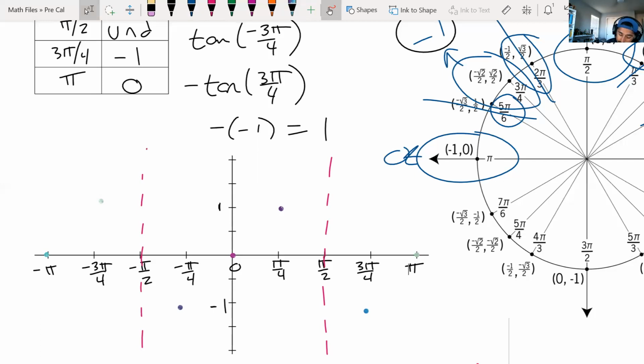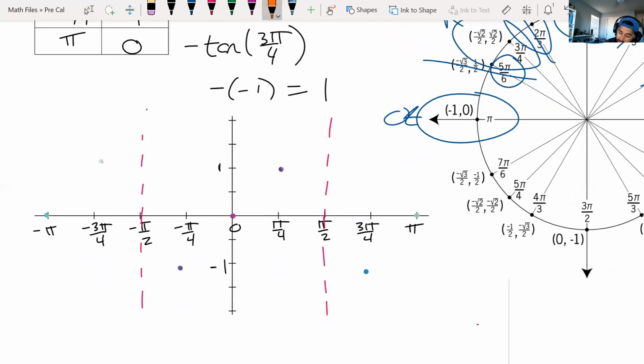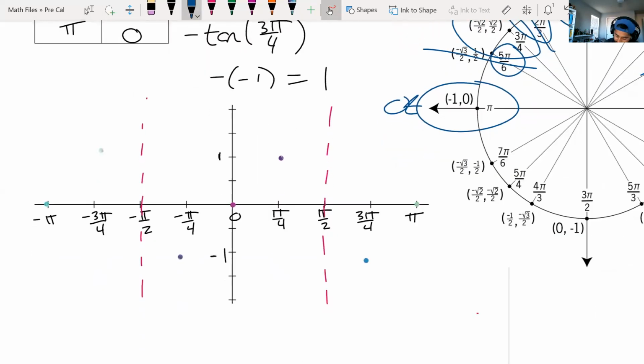Okay, so I'm going to graph the middle piece first, just to show you how tangent looks. Tangent will follow your vertical asymptote down, and then it'll come up, curve around, and follow your vertical asymptote up.